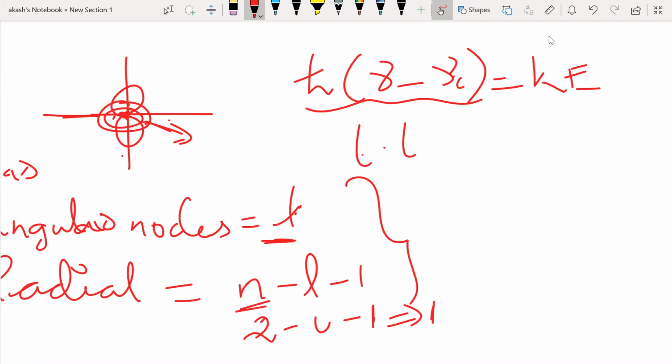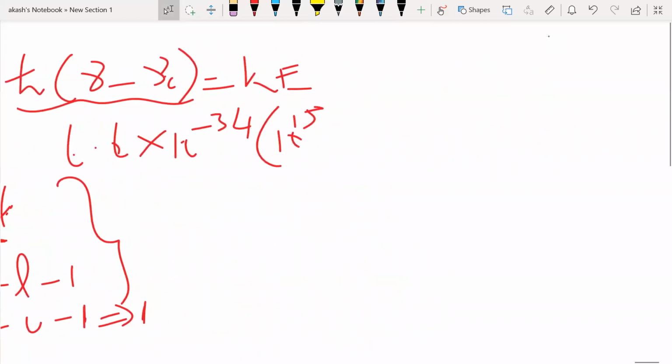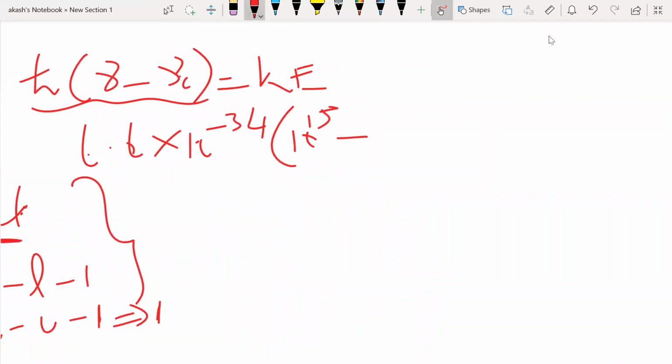Correct. So it will be 6.6 into 10 to the power minus 34 into the nu value, the incident frequency, that is 10 to the power 15, minus the threshold frequency, 7 into 10 to the power 14, or I can write it as 0.7 into 10 to the power 15.